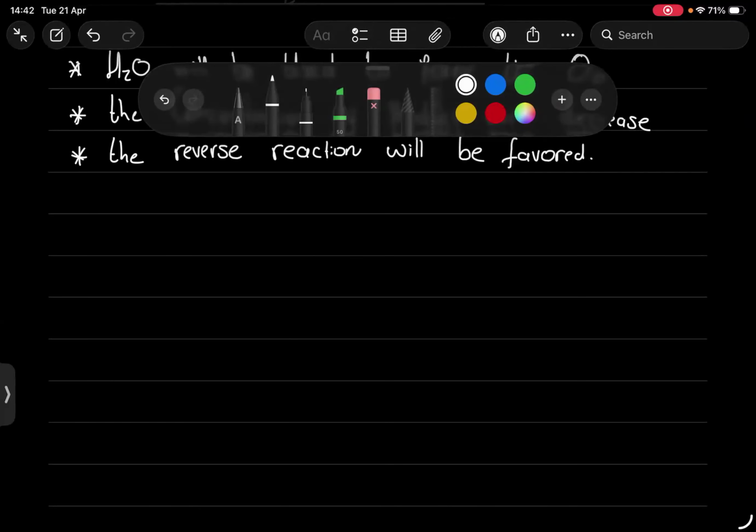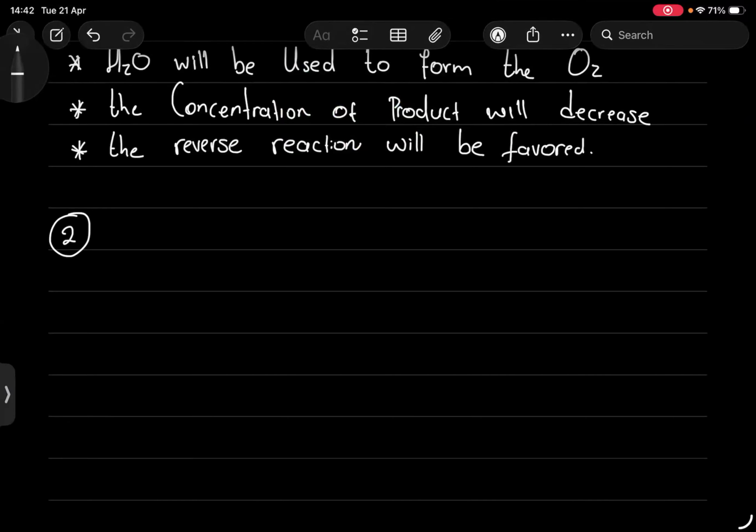So now, number 2, we have temperature, okay? What's going on with the temperature? What effect does the temperature have on the reaction rate?